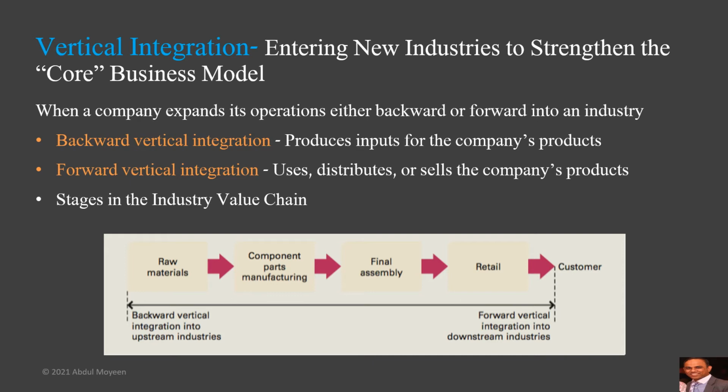But if they also sell their product through their own outlet, that means they are now moving into distribution, and that would be called forward vertical integration.